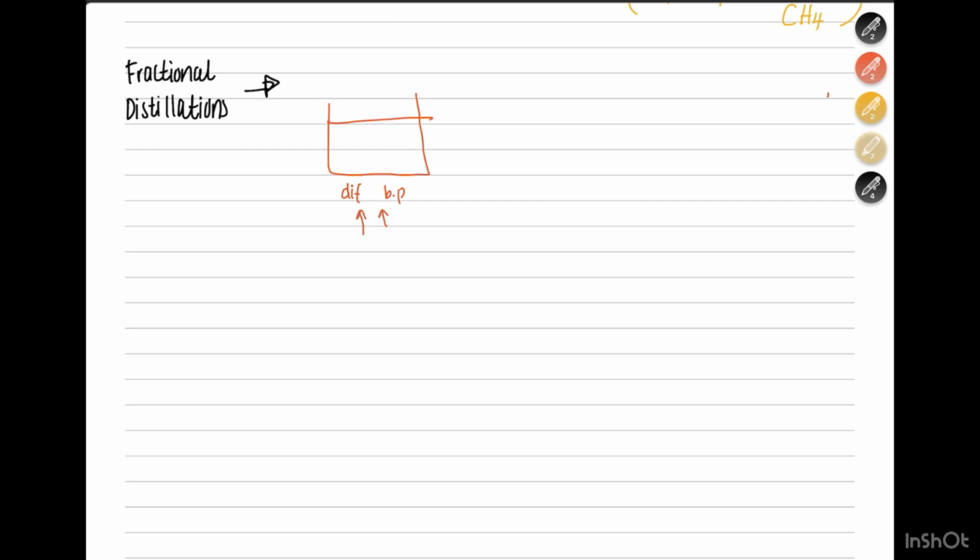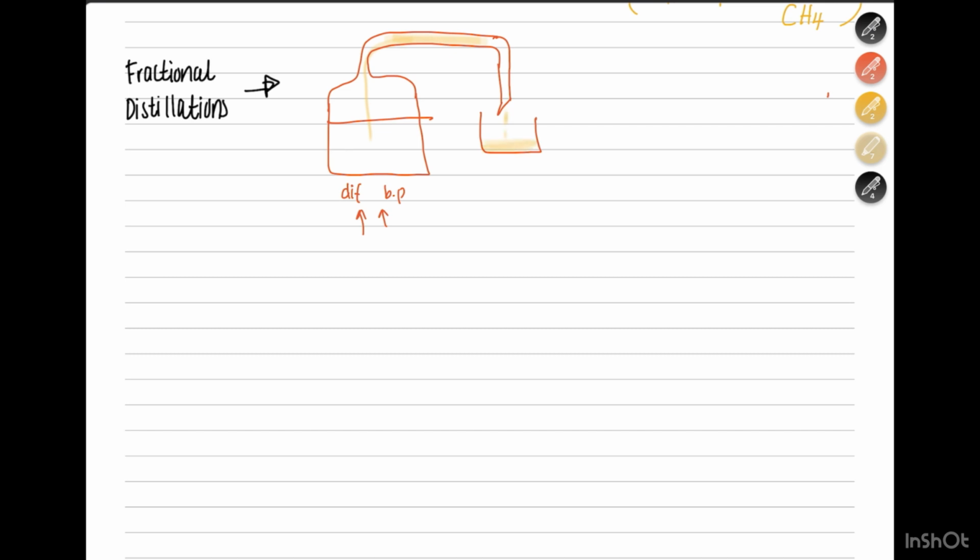When one of the liquids reaches its boiling point, something like this is just a rough diagram to review what happens. When the first liquid reaches its boiling point, it evaporates. Here it's condensed in a condenser, turns back into liquid, and is collected here.